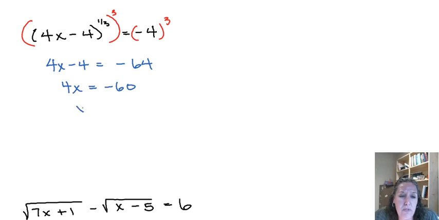Divide both sides by 4 and we get x is equal to -15. Since this is a cube root, cube roots don't introduce extraneous solutions because the plus or minus is going to stay the same. But it's always a good habit to get into to check your answer. And so let's go ahead and we'll keep with the theme of this one and check your answer.